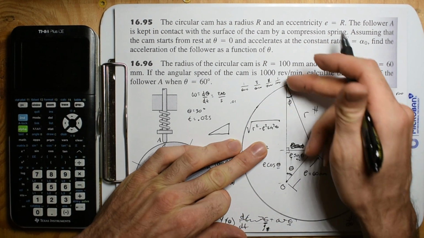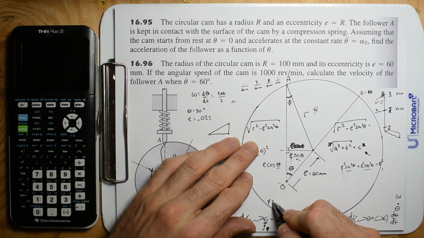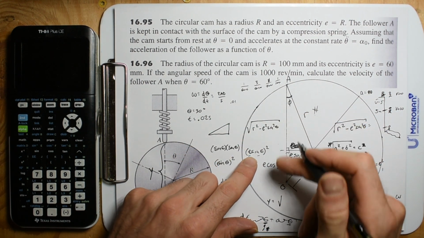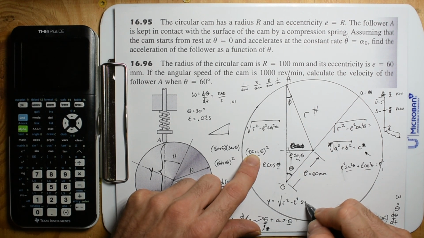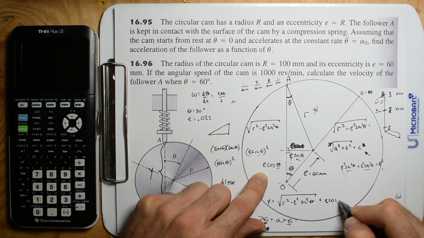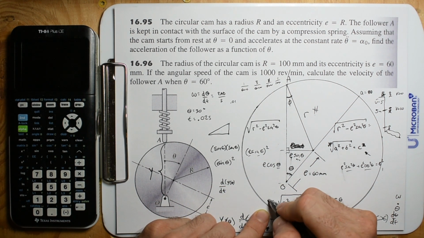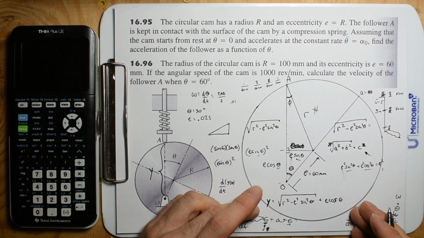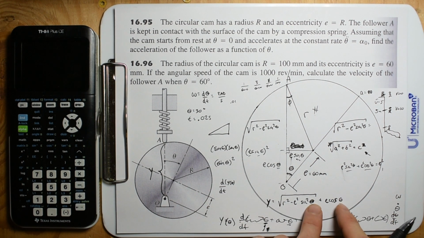We know what y is. We know what this distance is. We know that y is equal to this plus this. So I guess we'll write it. We're good to go. And since we set up the differential equation, now we're in terms of theta.